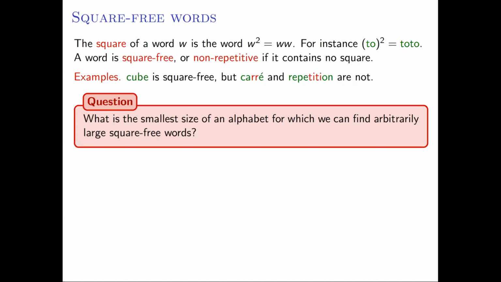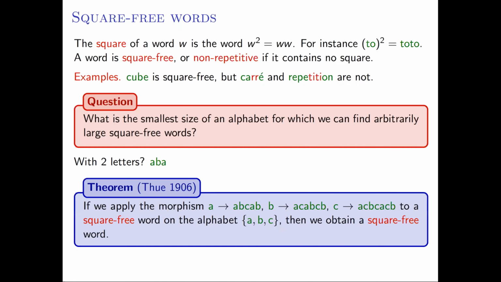Of course, if you have a single letter in your alphabet, you won't be able to make a square free word on 2 letters. But if you have 2 letters, let's try to construct a large square free word. You start with A, then you have to use B, and then you have to use A again, and then you have to use B, and you have a square. So certainly you need at least 3 letters in your alphabet if you want to build large square free words.